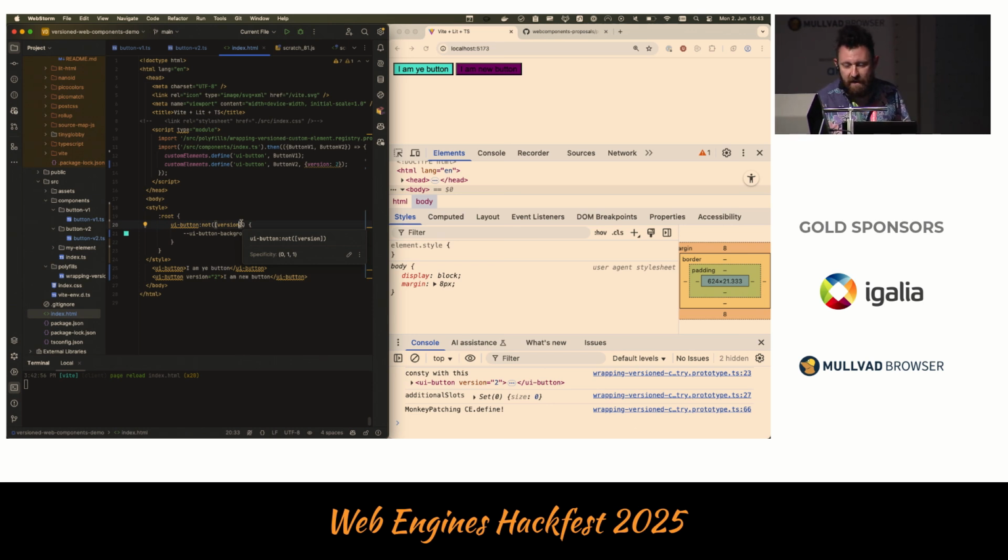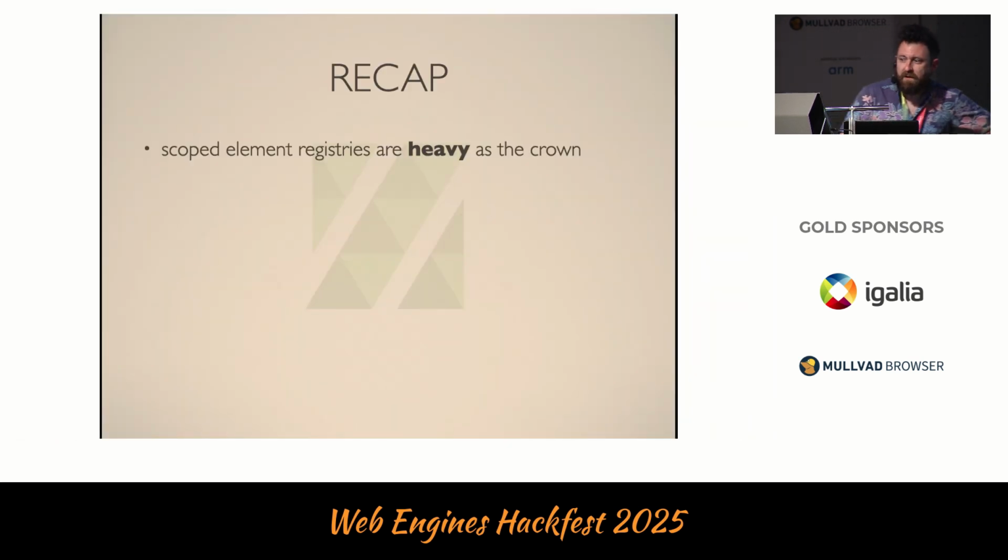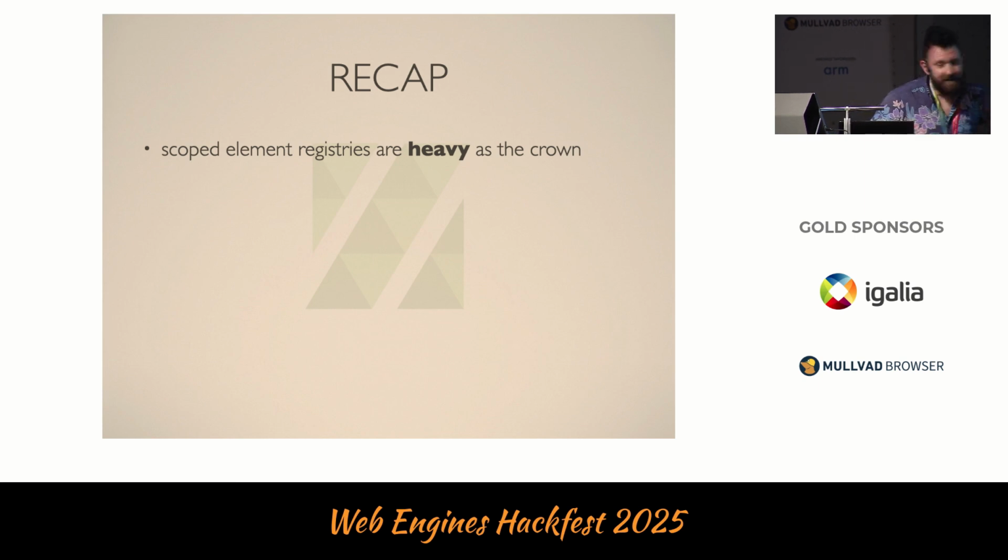And yeah, basically that's it. So I'll do a small recap. Scoped element registries are heavy as a crown. You cannot do that with scoped element registries. What I didn't show, but what is possible, is that the tag is always associated with the actual instance.